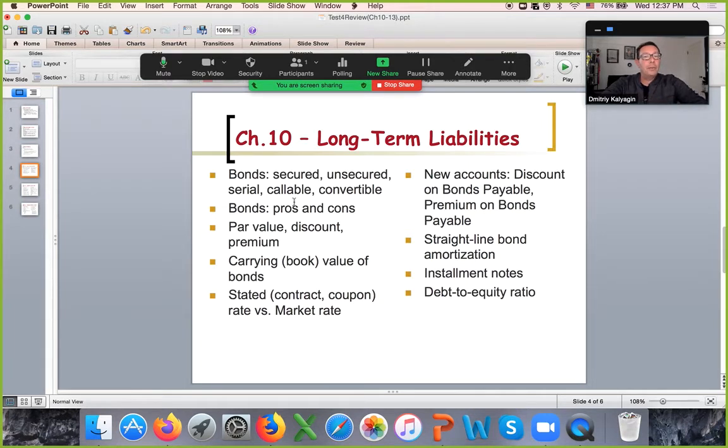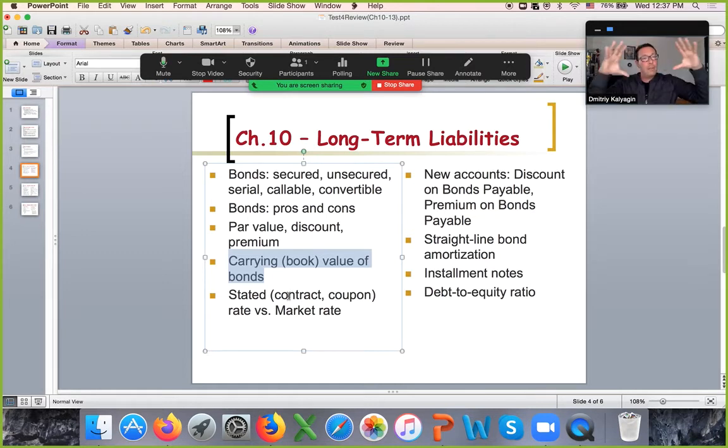You've got your types of bonds: secured, unsecured, serial, callable, convertible. We talked about advantages and disadvantages of the bonds, 3 types of bonds at issuance, carrying value of the bond, differences between the stated or contract rate, what's stated on the bond, and that's how you pay the interest to your bondholders, versus the market rate that fluctuates.